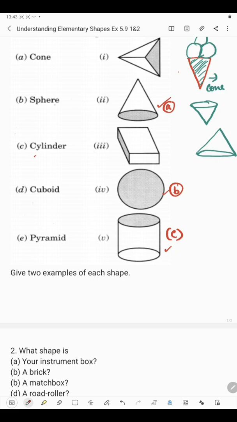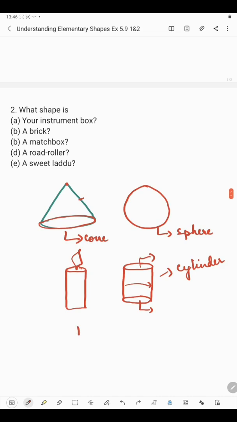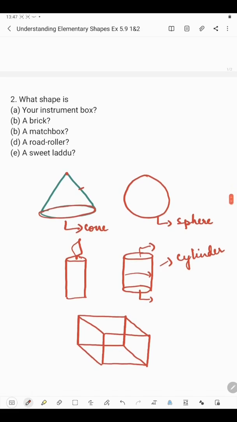Now coming to cuboid. A cuboid is a 3D shape with a length, breadth and height. A cuboid has 6 faces. Here each face of a cuboid is a rectangle. Let us join the corners and we'll get a cuboid.